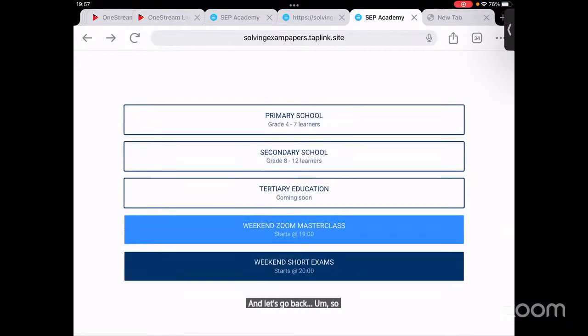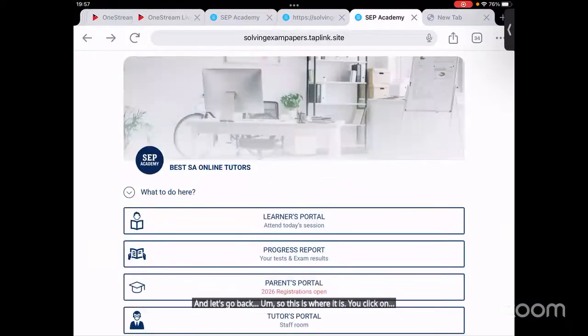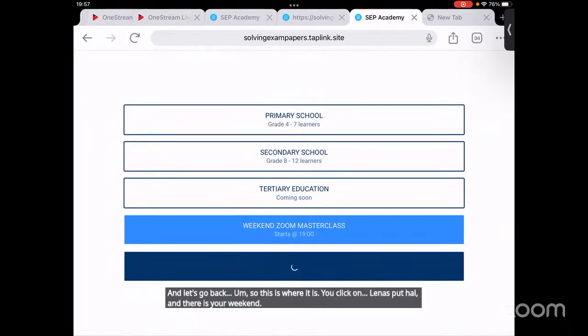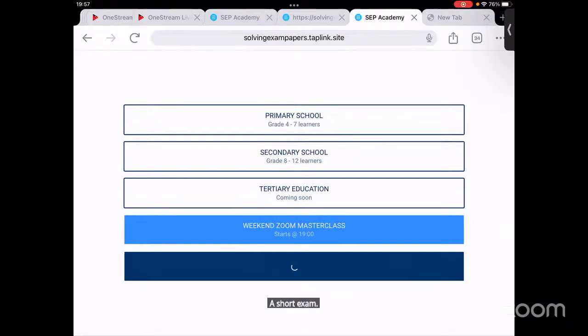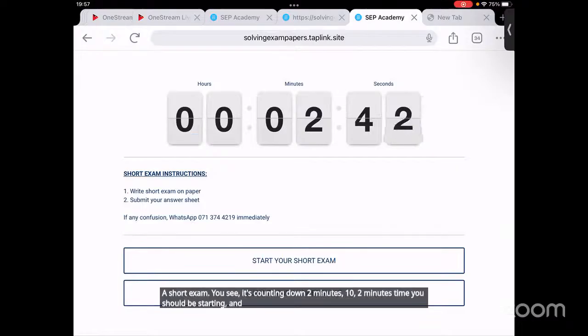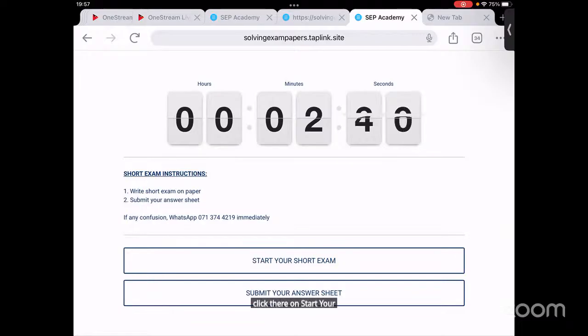So this is where it is. You click on learners portal and there is your weekend short exam. Can you see it's counting down, 2 minutes. In 2 minutes you should be starting, and all you do is click on start your short exam. You write.